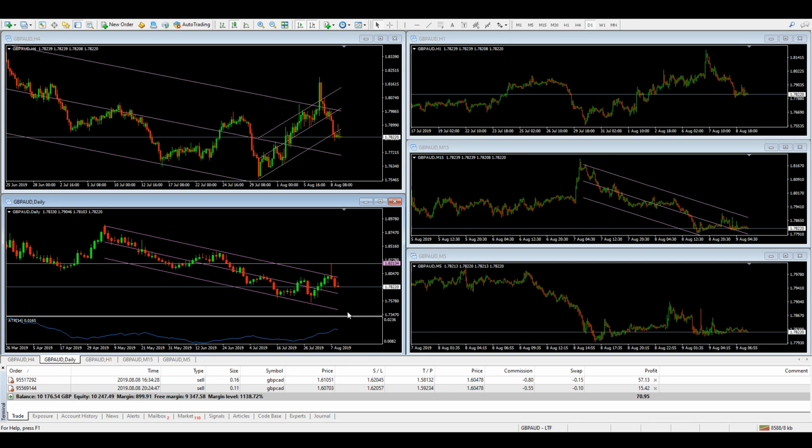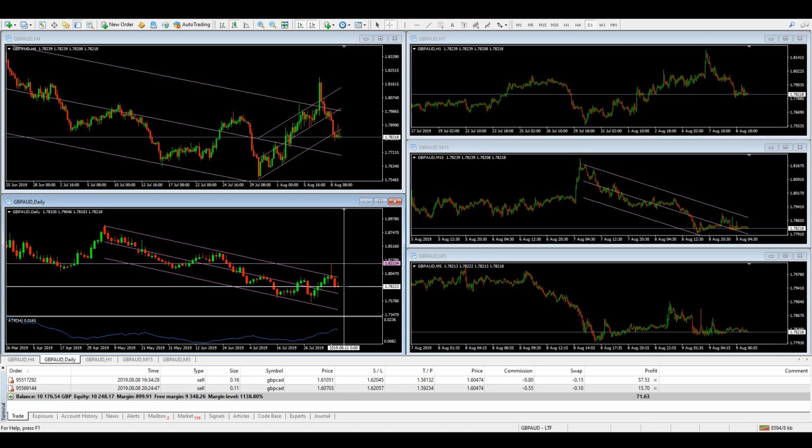It could reach that on one day, but if we look at this indicator here that I have on, which is the ATR, average true range, we can see typically on a day GBP AUD will do about 160 pips. So you're looking at almost 3 times its average range to hit your take profit if you were to position this with a conservative stop loss.